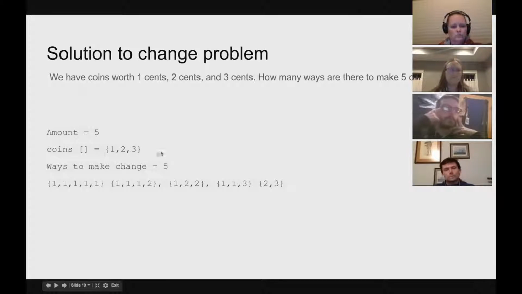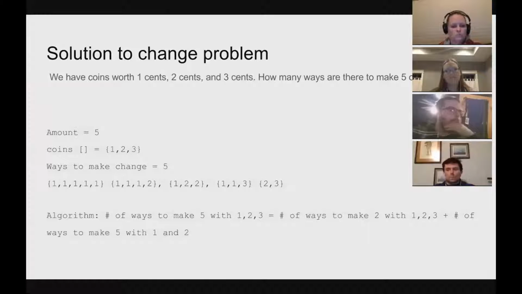You go through the same reasoning: all the different ways to make coins with 1, 2, and 3, we can pretty much split into 2 cases, ways of making coins that involve the number 3 and ways of making coins that don't involve the number 3. And so the algorithm becomes: the number of ways to make 5 with 1, 2, 3 is equal to the number of ways to make 2 with 1, 2, 3 plus the number of ways to make 5 with 1 and 2.